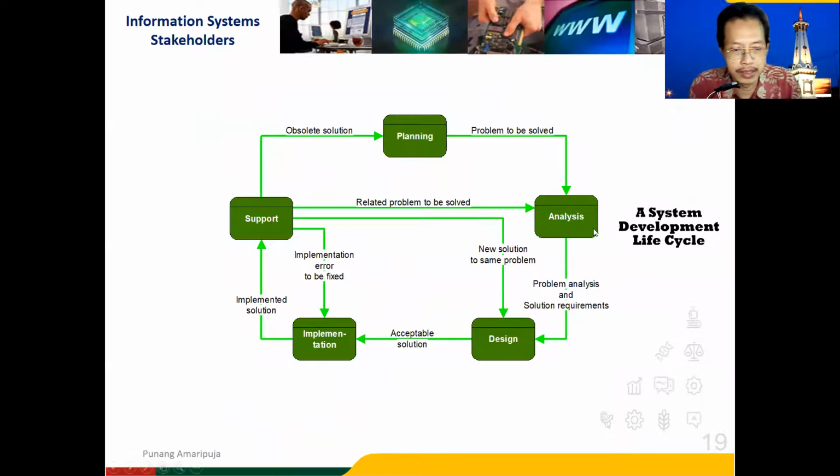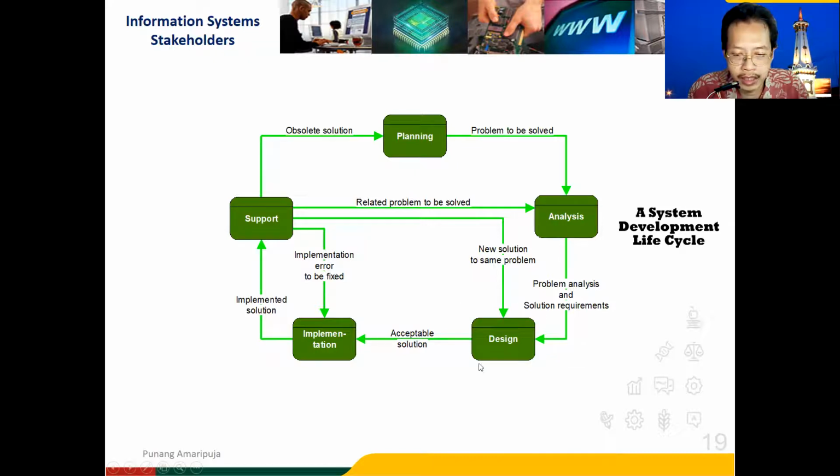Here you can see it in a diagram. Okay, so there might be an old solution, but then there's a new problem that arises in the company. So you would be doing planning again, planning to solve the problem, and then you analyze the problem. After the problem is analyzed, you would be giving out solutions.